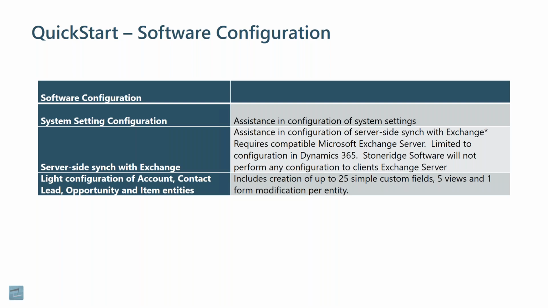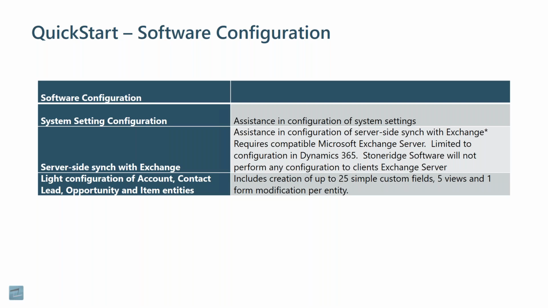This is not on premises. This is moving to cloud technologies. That is the assumption for QuickStart. But we can set up that server-side sync with Exchange, make sure that Exchange is talking with Dynamics 365, that any email communications or anything like that is going to be set up properly for Dynamics 365.